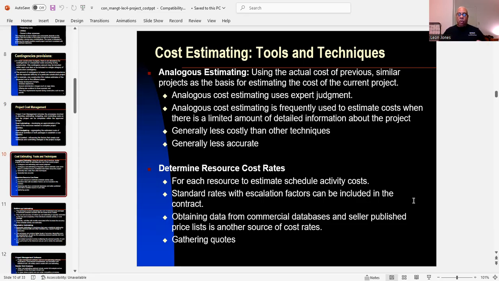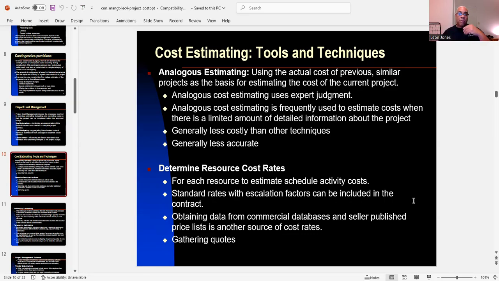Also, analogous cost estimating is frequently used to estimate cost when there is a limited amount of detailed information about the project, and it's generally less costly than other techniques.